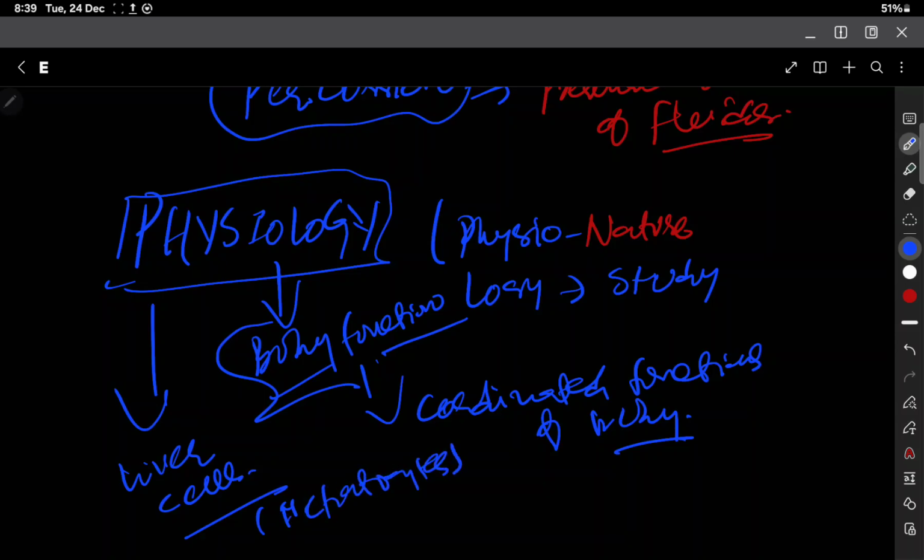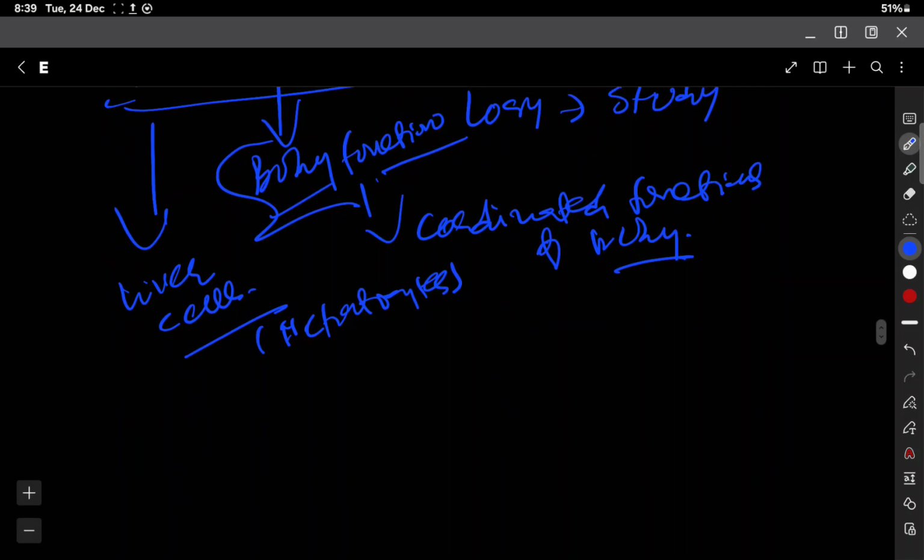The physiology of the liver cells includes their functions, how they do their function, and what their relation is to the functions of the body. That we call physiology. Physiology can be further divided into some subdivisions, like human physiology, where we study the functioning of human body parts.